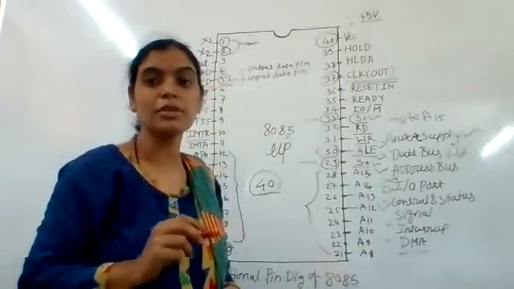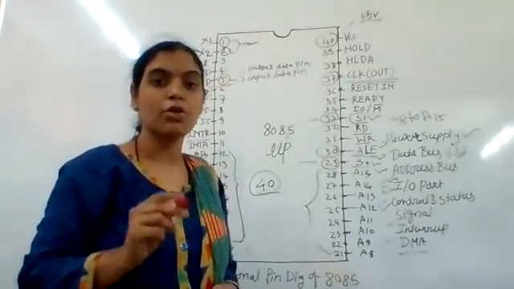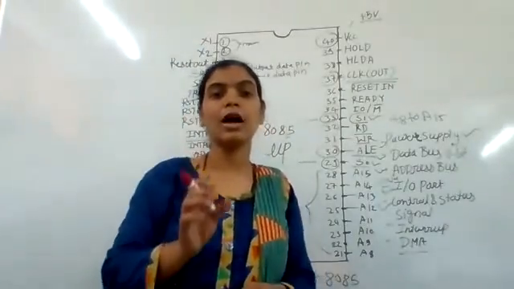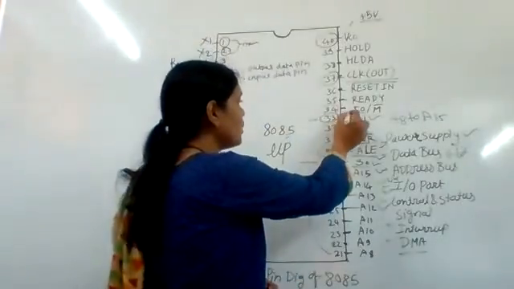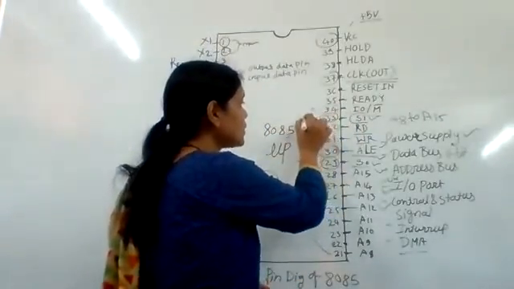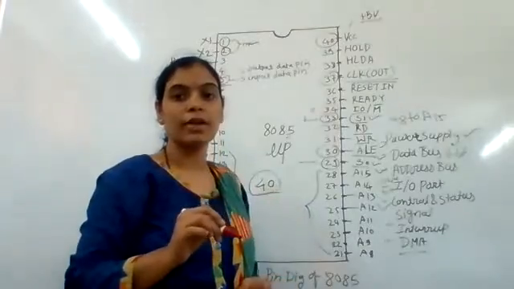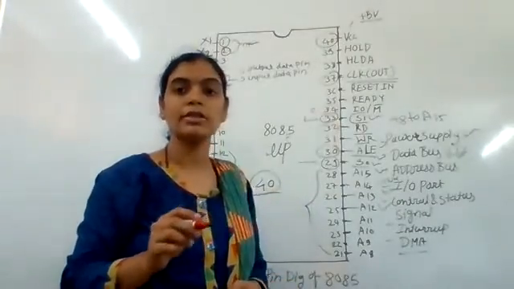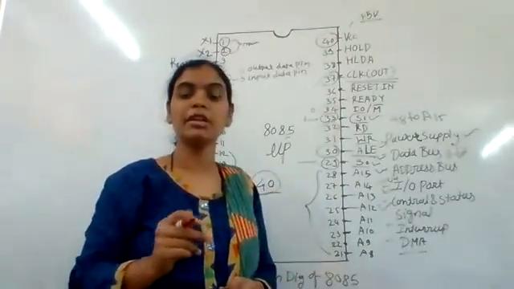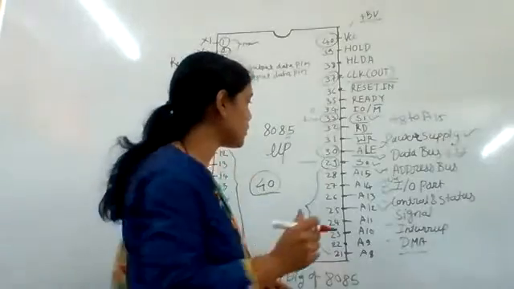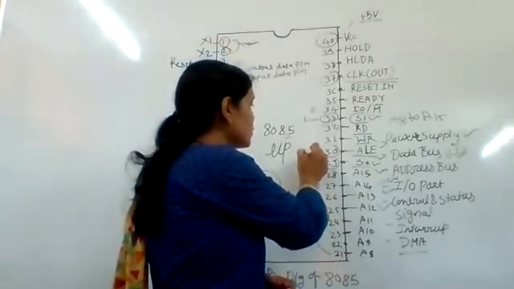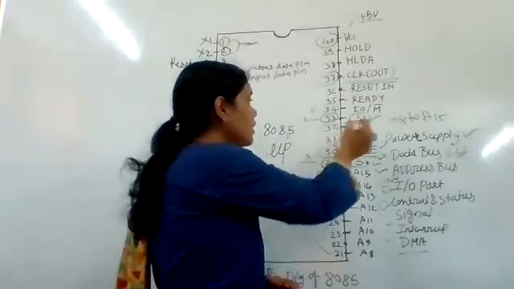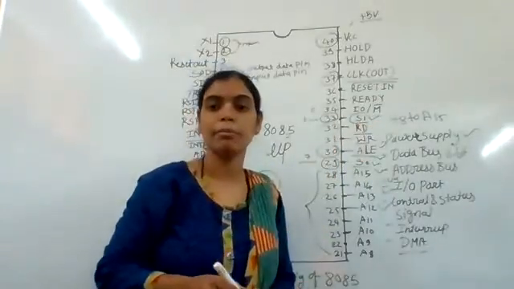When IO/M is 0 and S1 is 1, S0 is 0, that is a memory read operation.